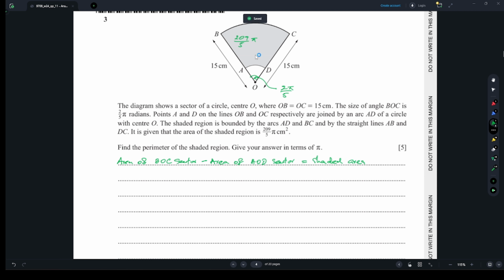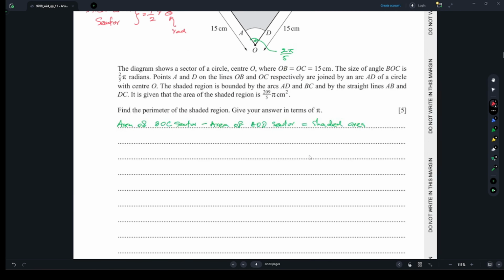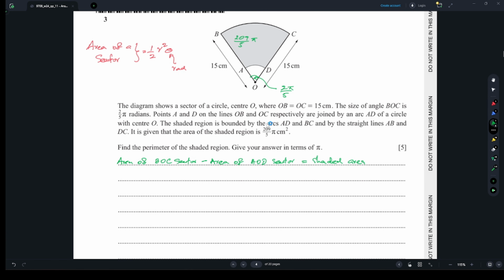Okay, so now you should remember how to calculate the area of a sector. Area of a sector, we can write half r squared theta, and remember theta should be in radians. Right, so we have all the values and we can try to find it. The first one is the bigger one, so the radius is 15 and we know the angle.